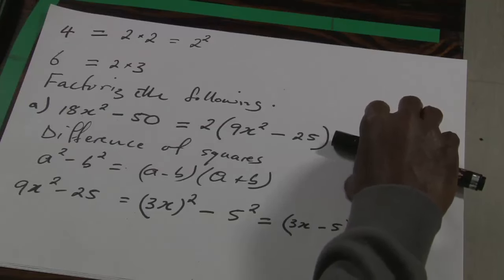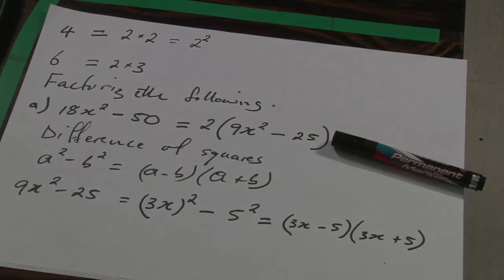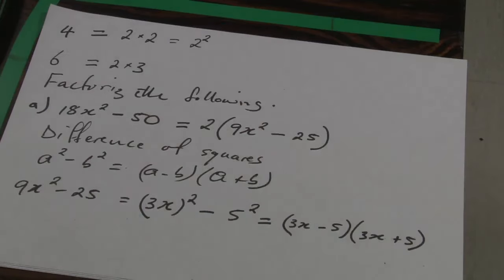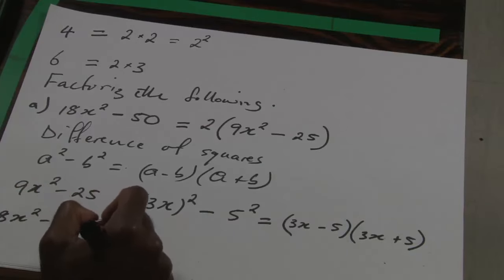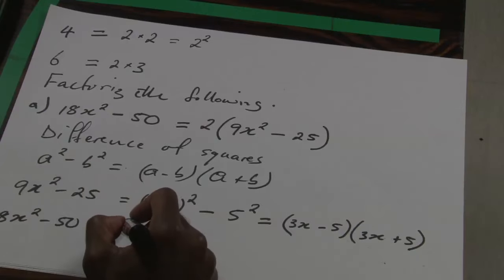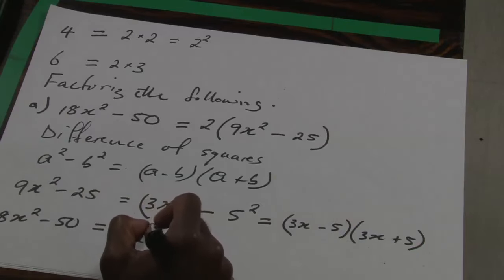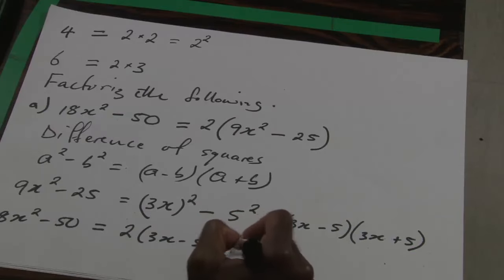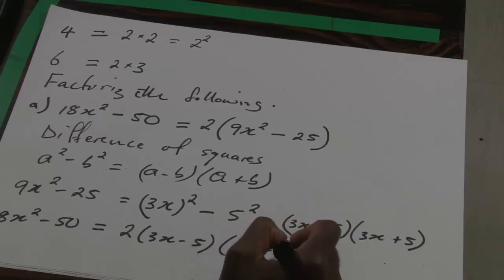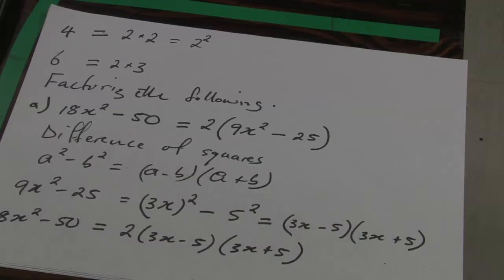So if we then put all this together, we go back to our initial term there, and we just substitute wherever we have 9x squared minus 25 with this. And then what we get is 18x squared minus 50 can therefore be factorized as 2 multiplied by 3x minus 5 multiplied by 3x plus 5.